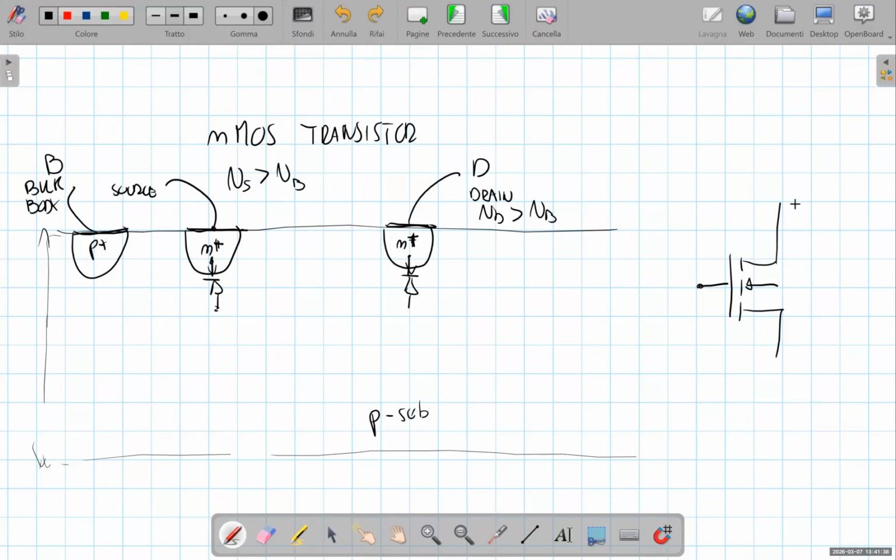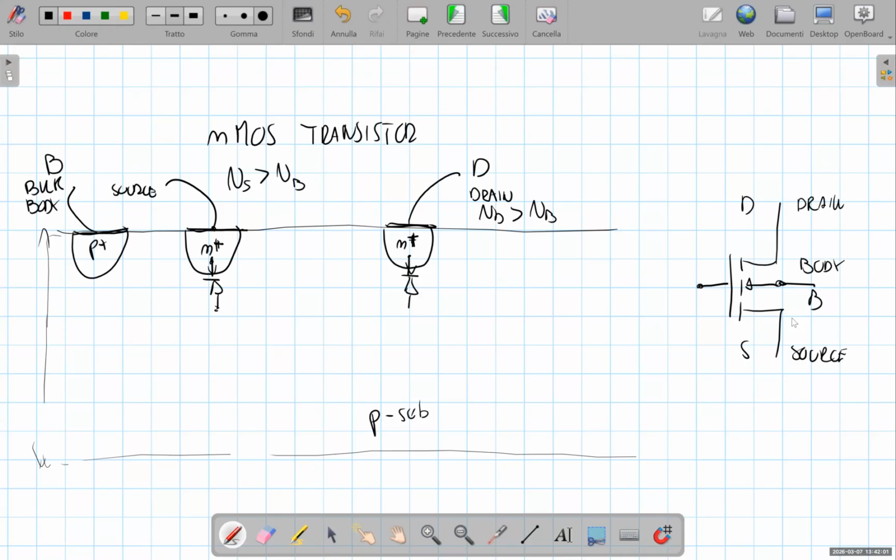This is the source, this is the drain, and this is the body contact.